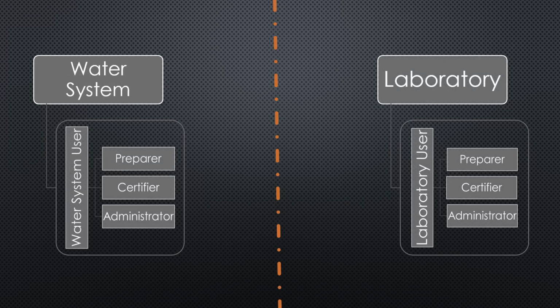Similarly, each user of a laboratory is attached to a laboratory and can have the role of preparer, certifier, or administrator for that laboratory. Note the orange line here creating separation between laboratory users and water system users. A laboratory user cannot perform any actions with respect to a water system unless the lab has been authorized.